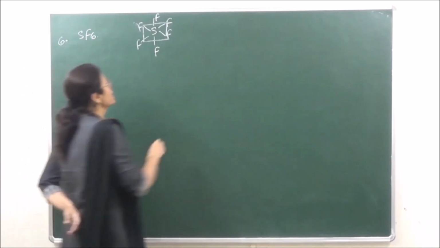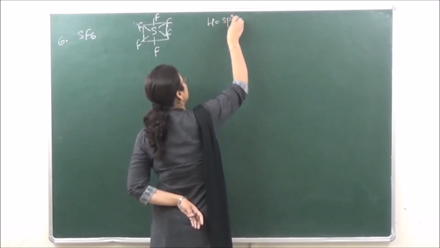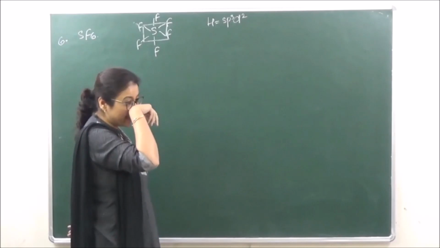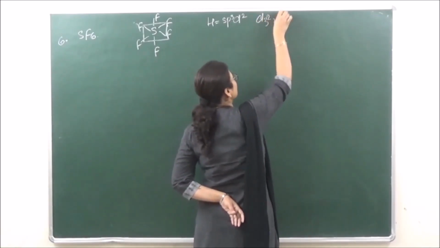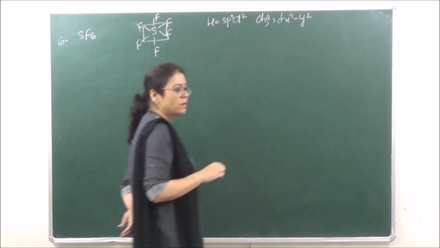Hybridization in this case is sp3d2. The d orbitals participating here are dz square and dx square minus y square.